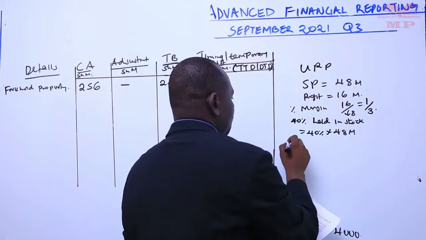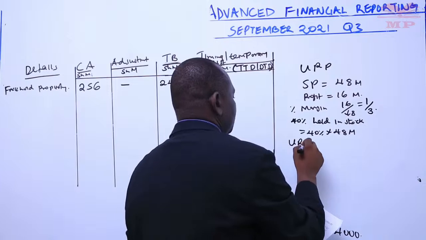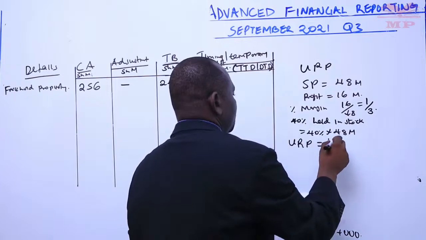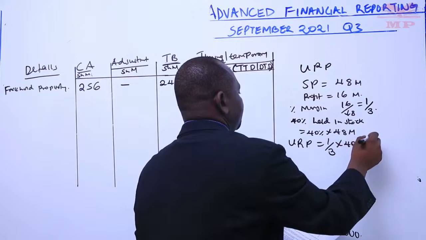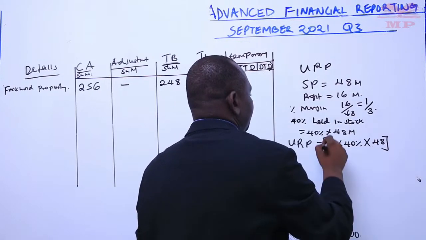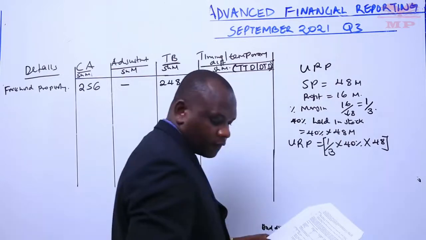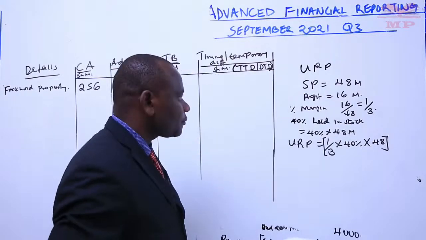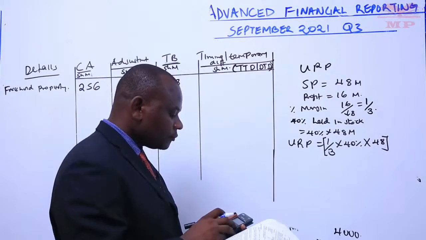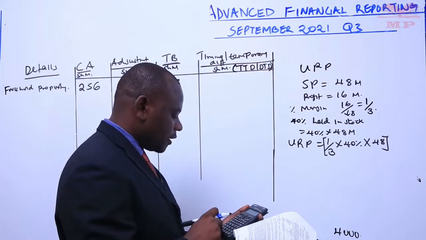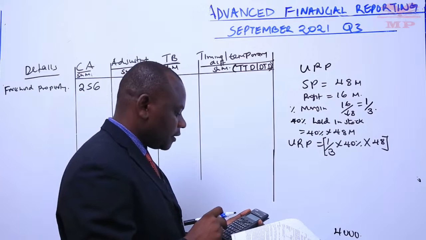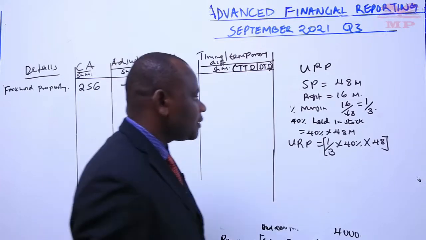So URP is equal to 1 over 3 times 40% times 48, which is 1 over 3 times 0.4 times 48, giving us 6.4.